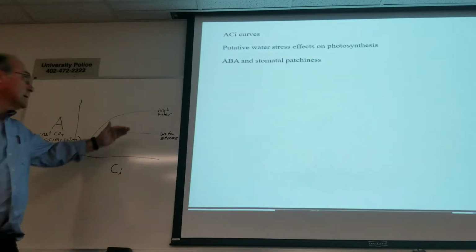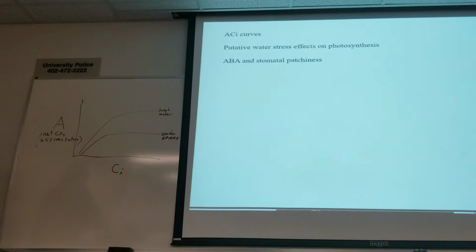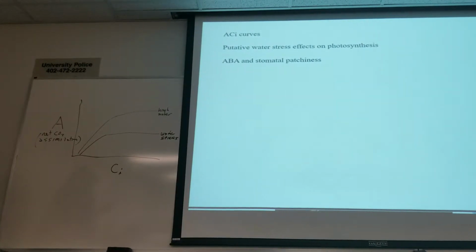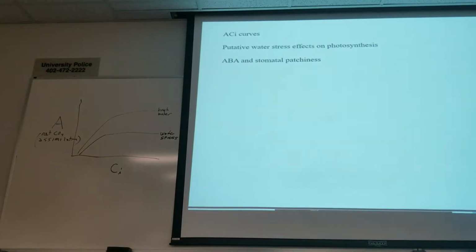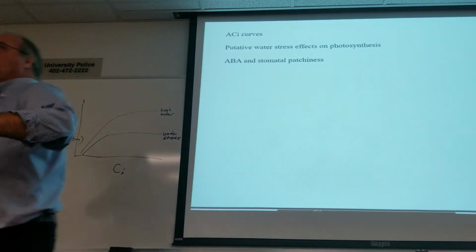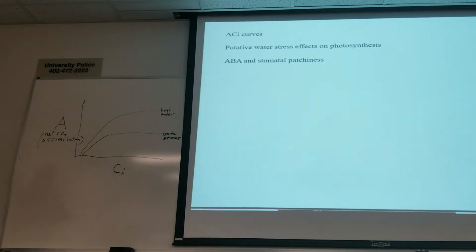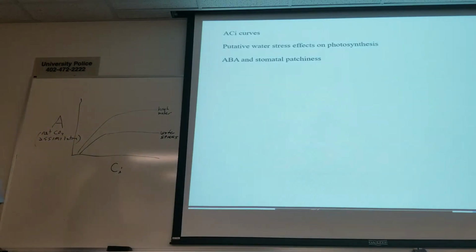This relationship was in fact altered by water stress. And the argument was water stress must have an action on photosynthesis itself, the Z scheme, the Calvin cycle, whatever, the process of photosynthesis, independent of how water stress closes the stomata. Because you see a change in the A-CI curve.